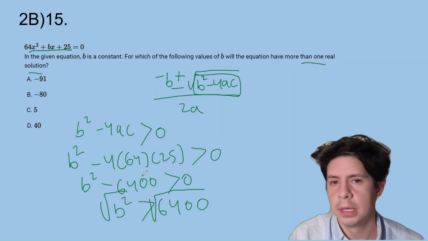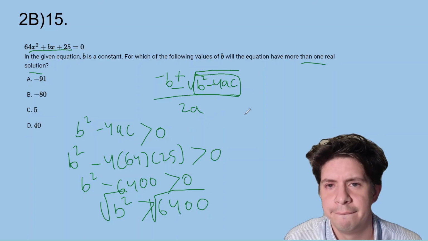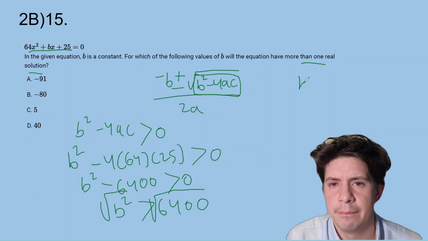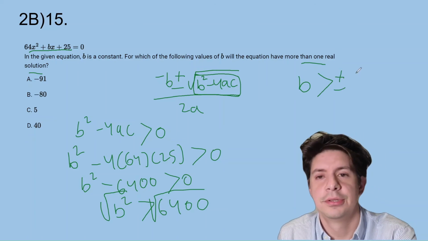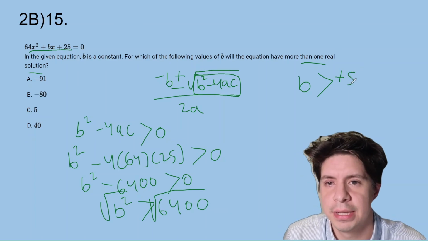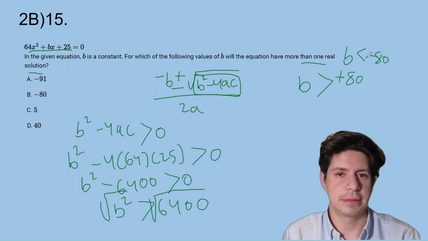And that's going to give us, b is greater than plus or minus, well, there's two options, right? b can be greater than plus 80, and b can be less than negative 80. Because the square root, right, will work that way.